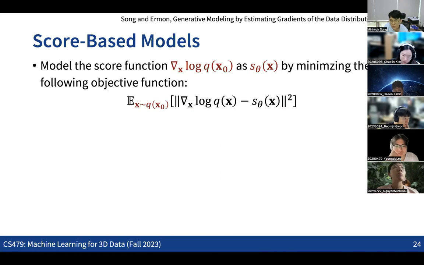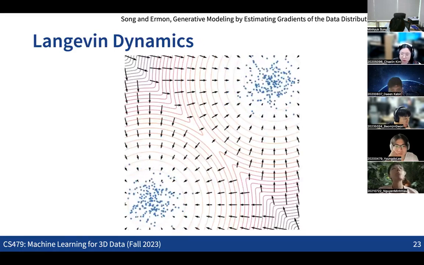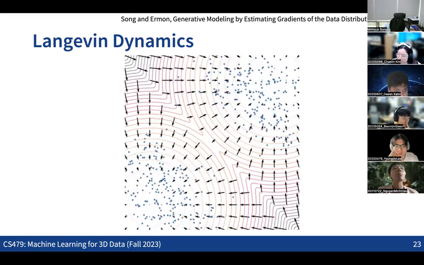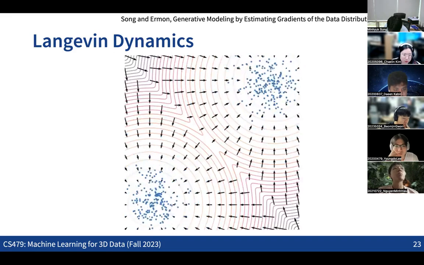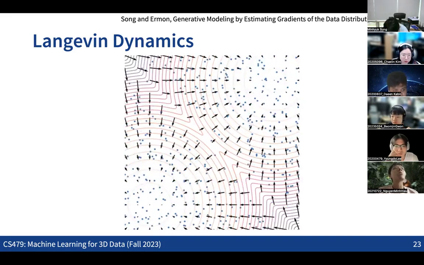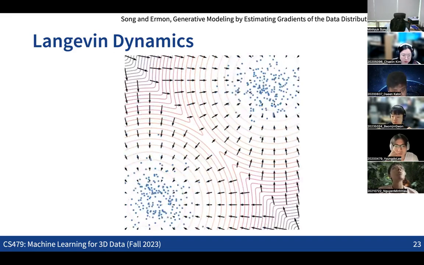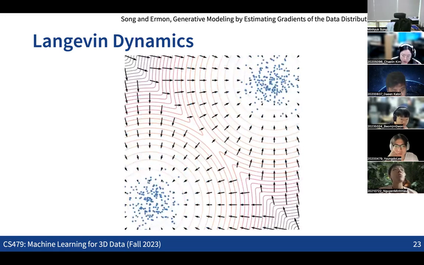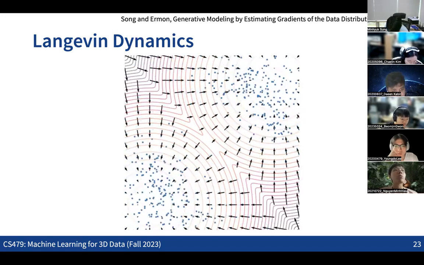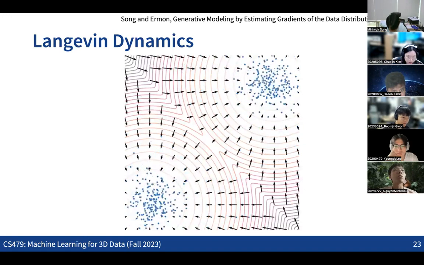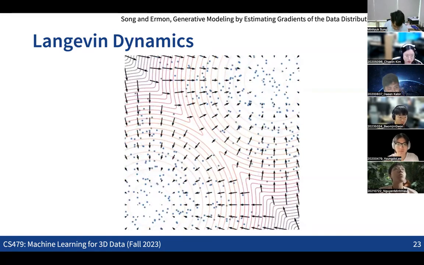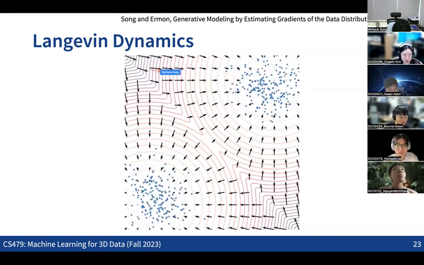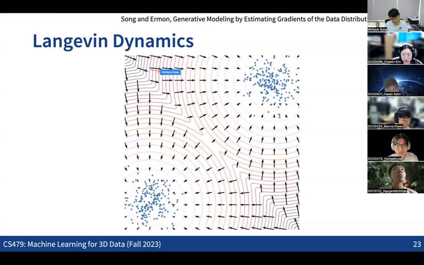Actually, if we go back to the previous slide, we are starting from arbitrary 2D points that are sampled from the uniform distribution over the entire 2D space, and then sending those points to the destination, which becomes a sample of the data distribution, while having this score information over the entire space.